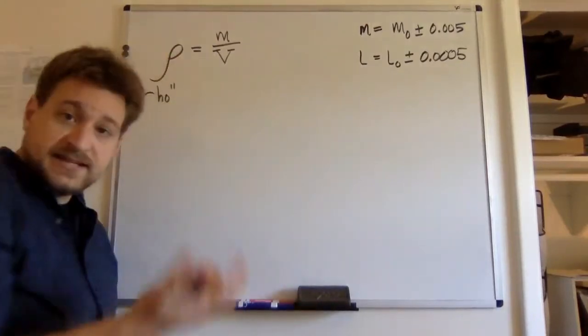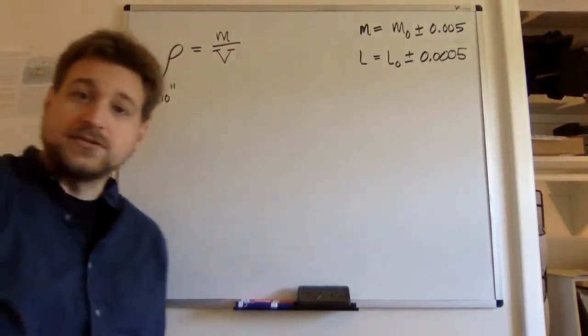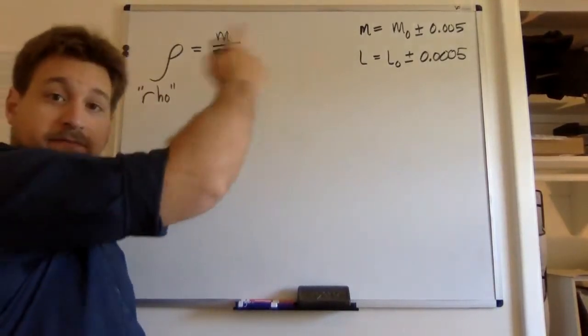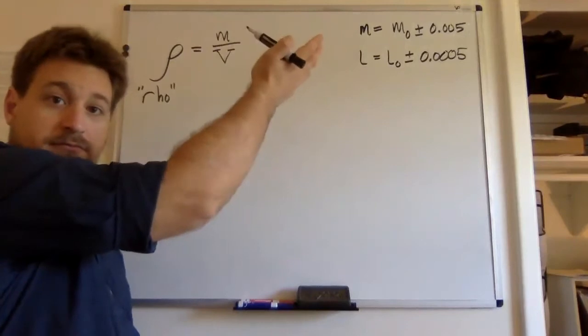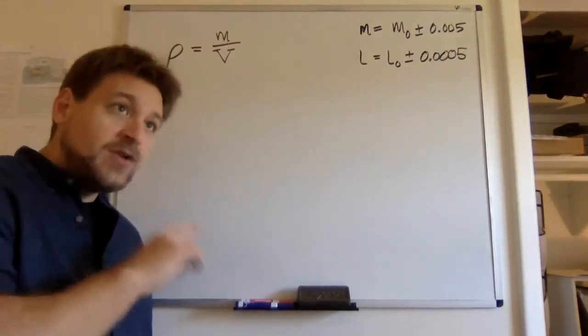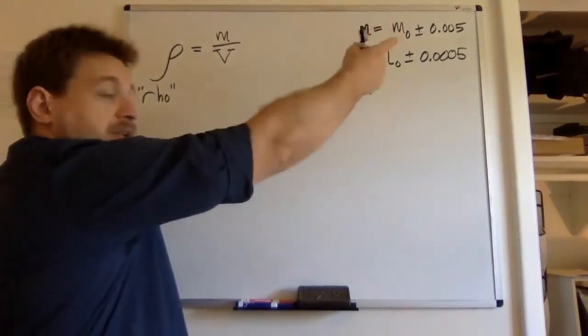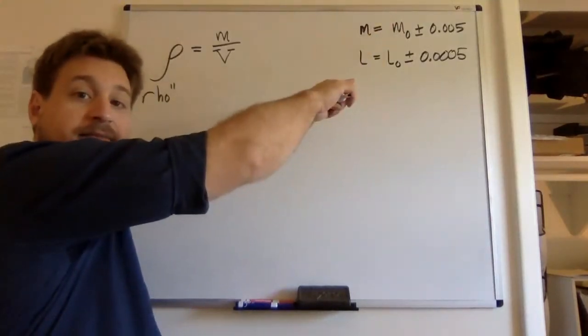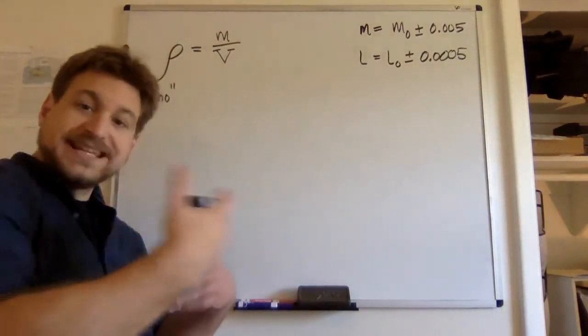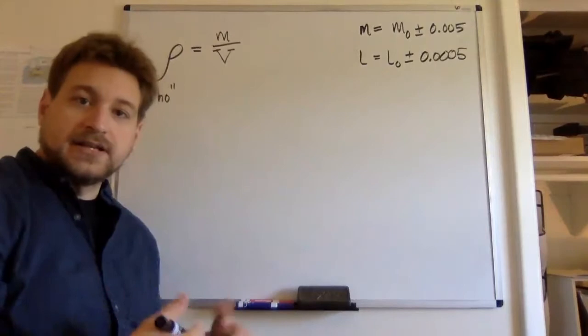When we calculate density, there's going to be some natural variation in the result of our division because we're using variational measurements to do this calculation. How is it that the variation in our measurements of mass and length is carried through to our calculation of density?